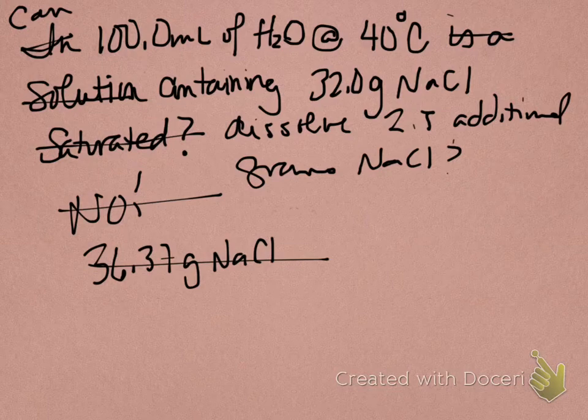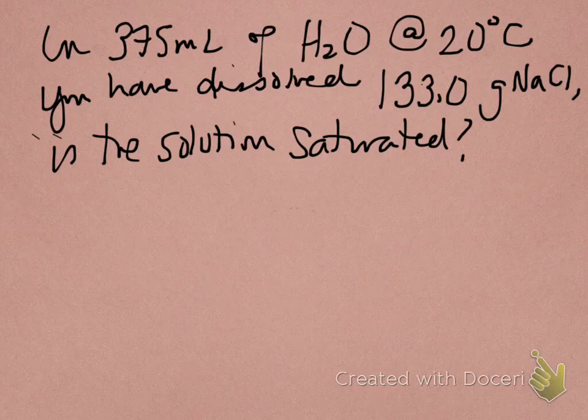Let's practice some that get just slightly trickier. Okay. In 375 milliliters of H2O at 20 degrees Celsius, you have dissolved 133 grams of NaCl. Is the solution saturated? How many of you have a ready answer without doing anything?